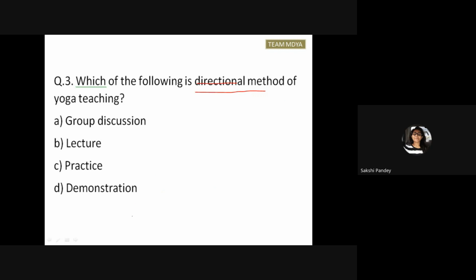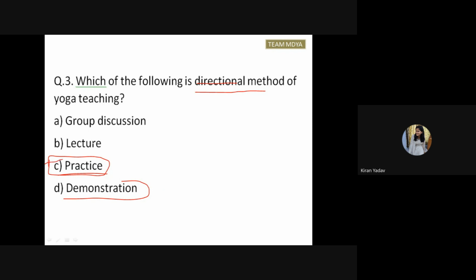Then answer should be D or no, C. Answer should be C. Demonstration is done in the demonstration method, so it should not be that. In the directional method, students do extra practice. Teacher gives assignments for extra practice, so this should be the correct answer.